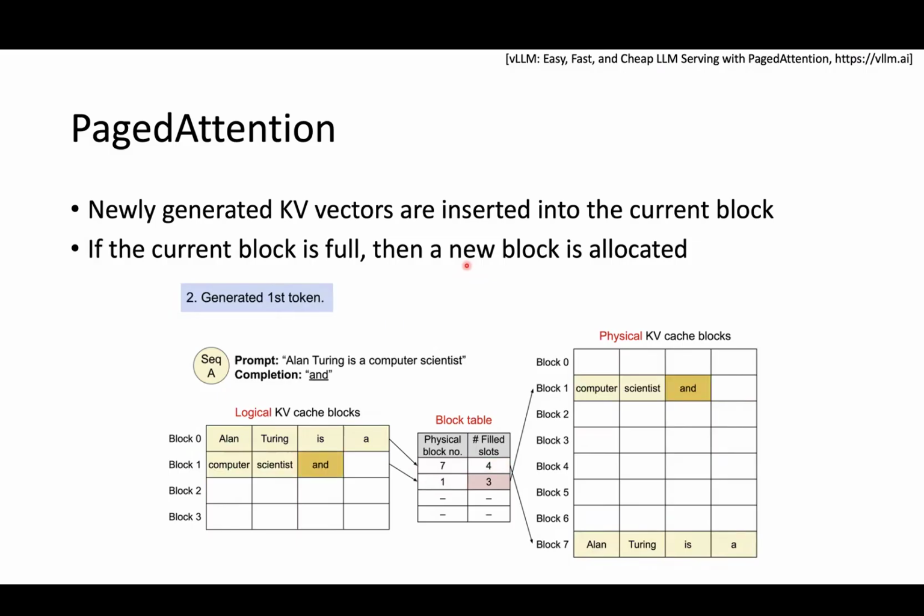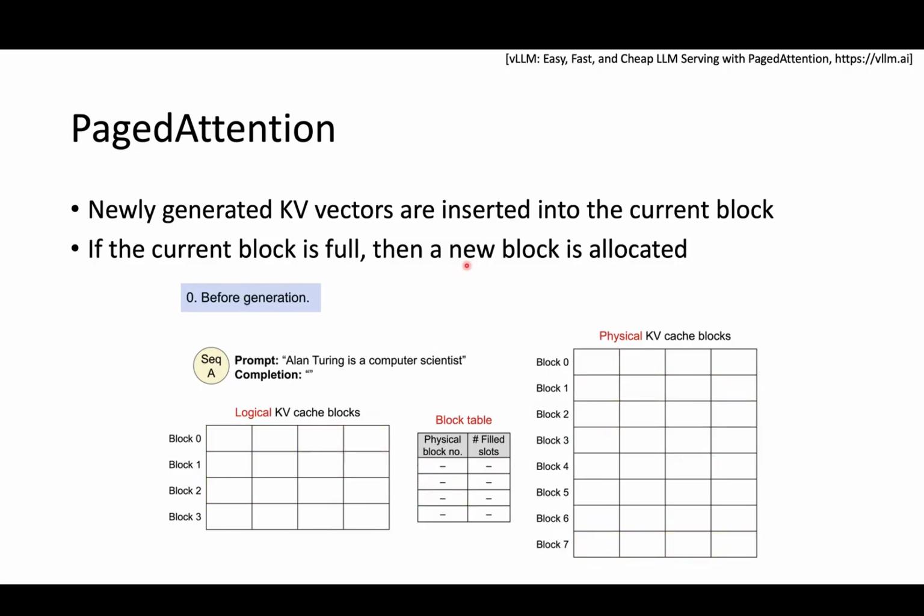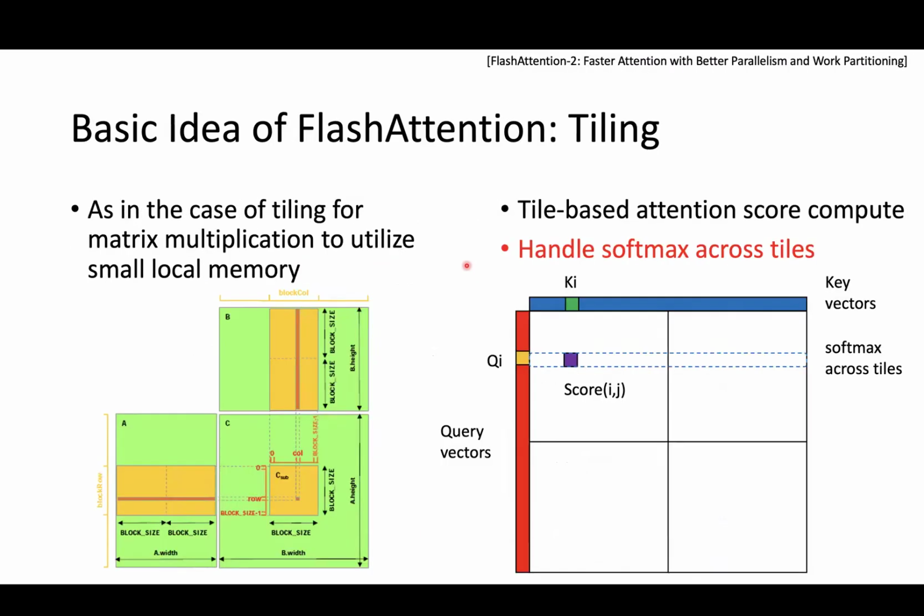So we allocate memory resource in a lazy manner. So we can improve the utilization of memory resource. As a result, we can actually use a larger batch. But when we handle long sequences, we face a new problem of large attention scores.